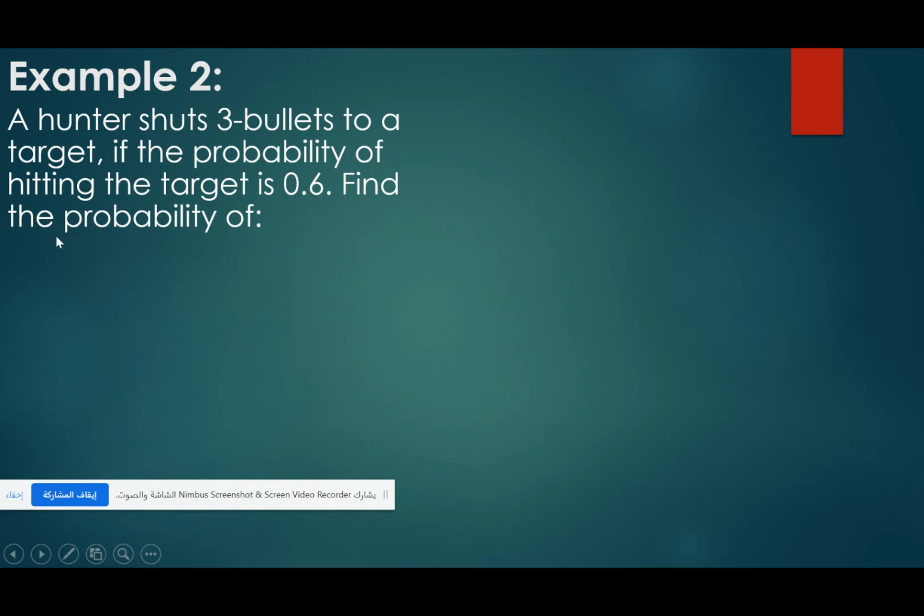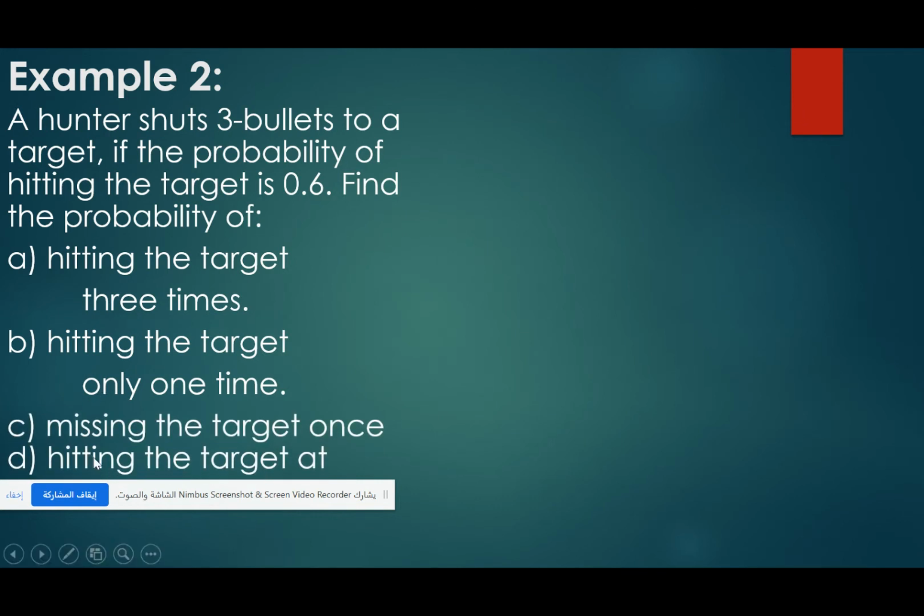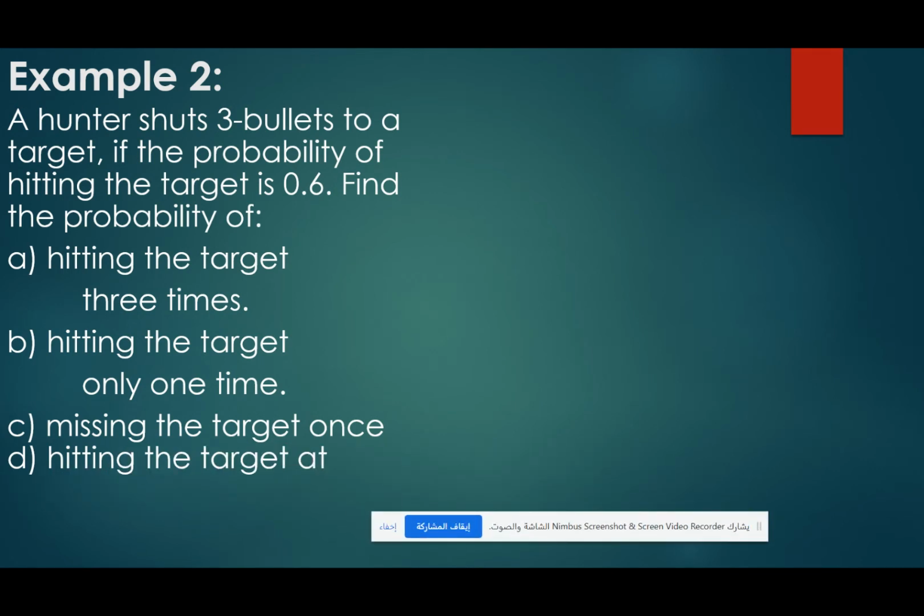Now we need to find the probability of hitting the target 3 times, hitting the target only 1 time, missing the target once, and hitting the target at least 2 times. Before you solve this, you should think about how to write N, P and Q. You can write them first, like that.